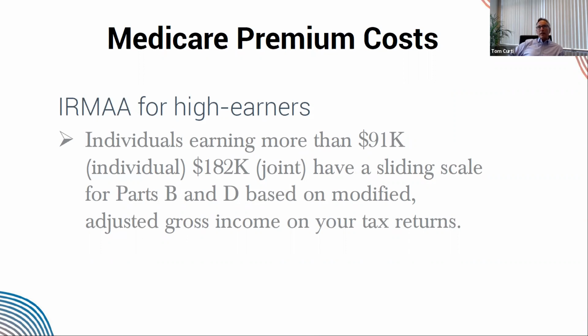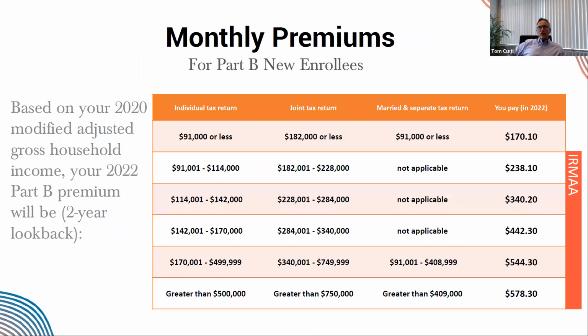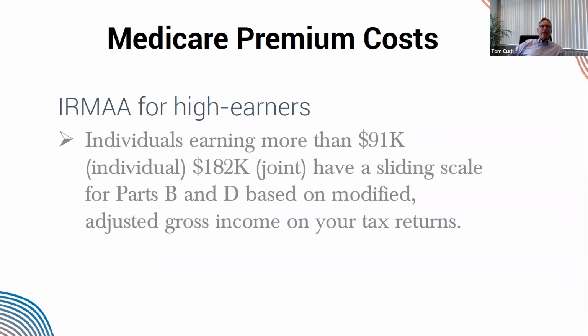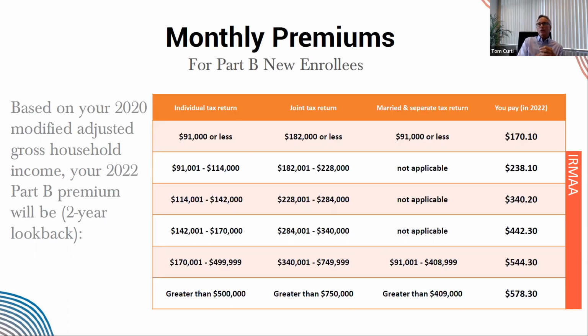And in IRMA, the additional premiums start at $91,000 for individuals, and $182,000 for joint, and that's based on your modified adjusted gross income. So if you look at the chart, you can see that the range of premiums go up as high as $578.30 per month.